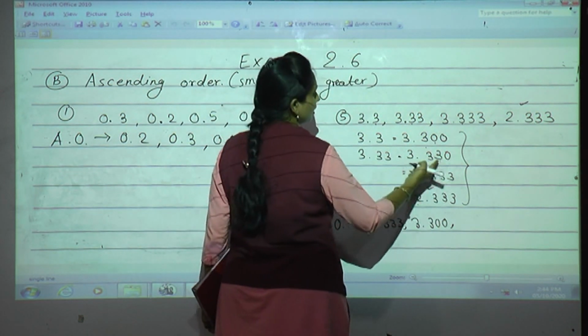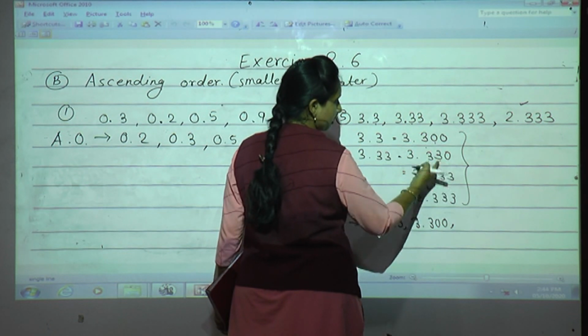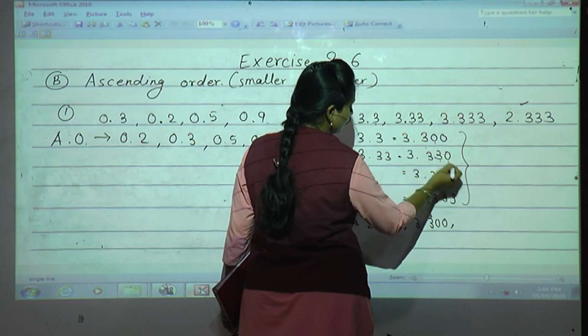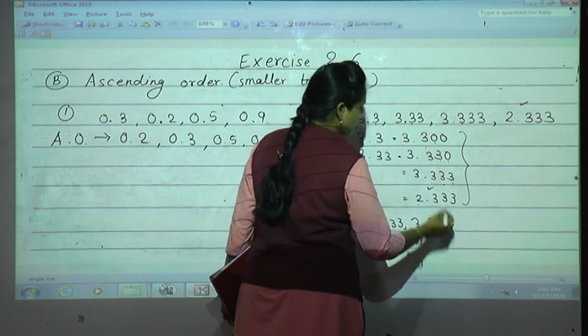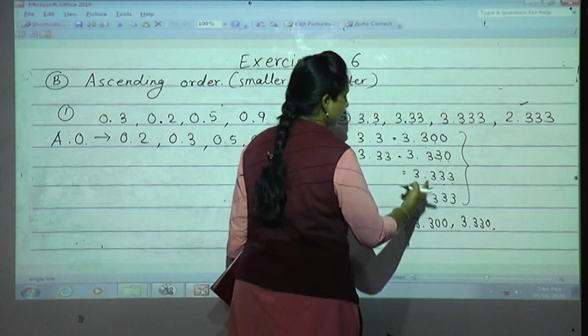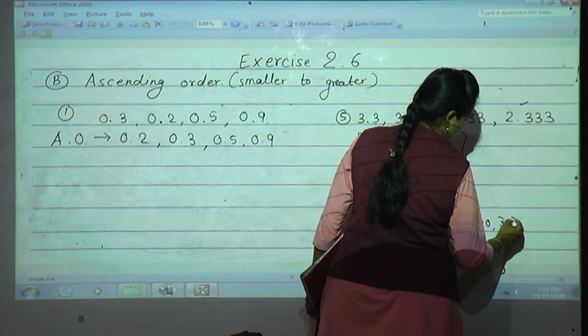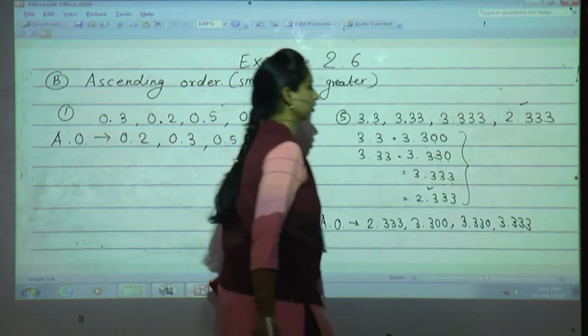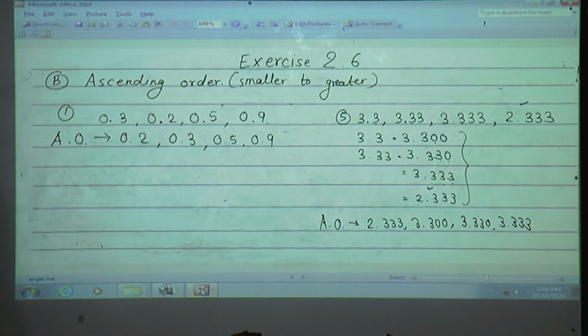Now next, tenths place, hundredths place same is there. Go with the thousandths place, 0 and 3. Of course 0 is smaller, so you can write 3.330, and last 3.333. Clear, students? Are you getting?